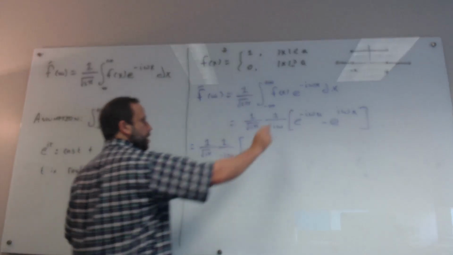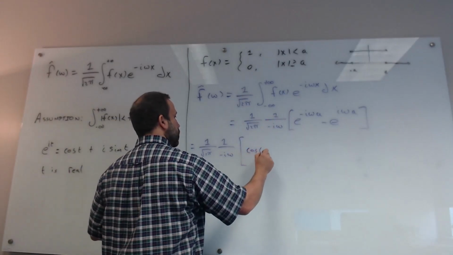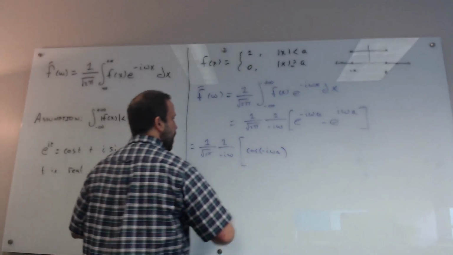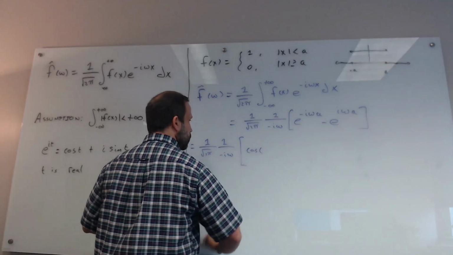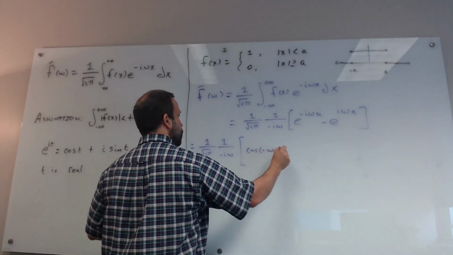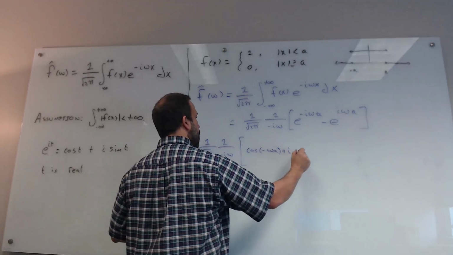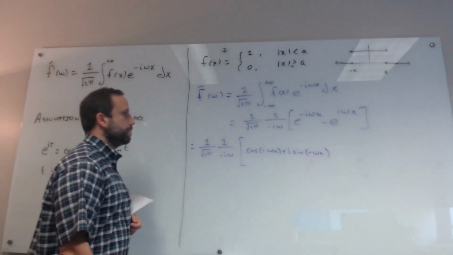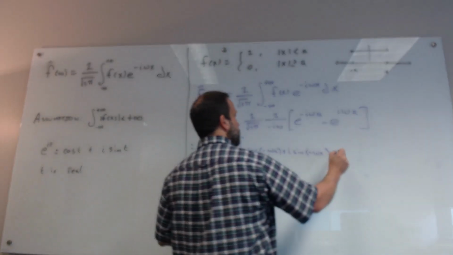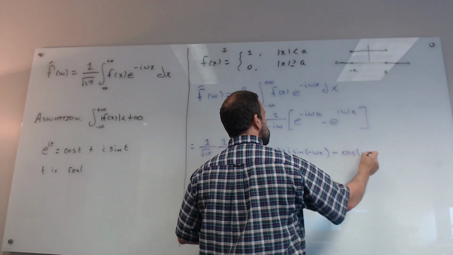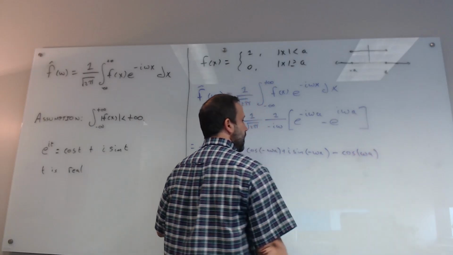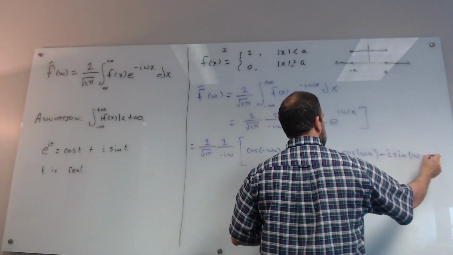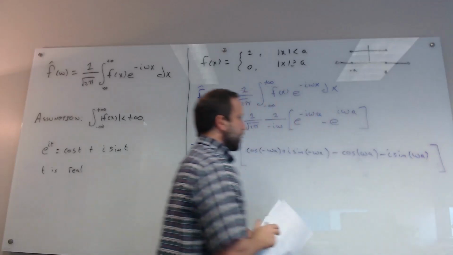Okay, so here we're going to have cosine of minus omega a plus i sine of minus omega a. And this next part is going to be minus cosine of omega a, and then minus i sine of omega a.